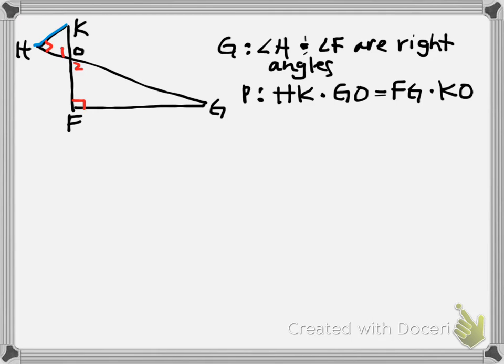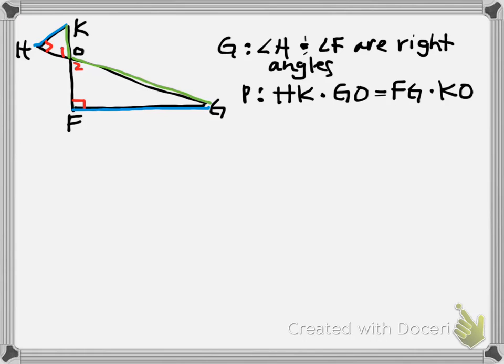HK times GO, FG times KO. So the first two sides, we've got a short leg times a hypotenuse is equal to a long leg times a hypotenuse.